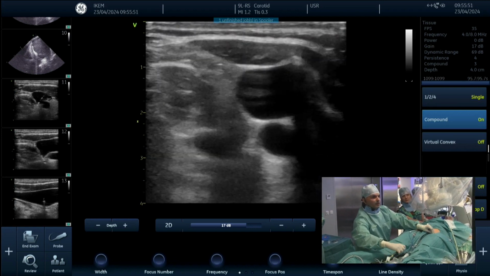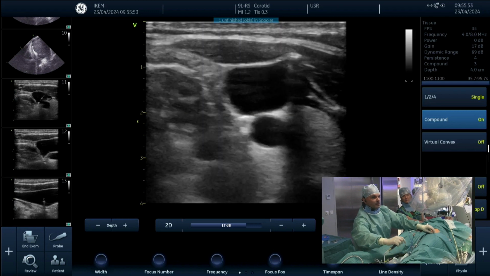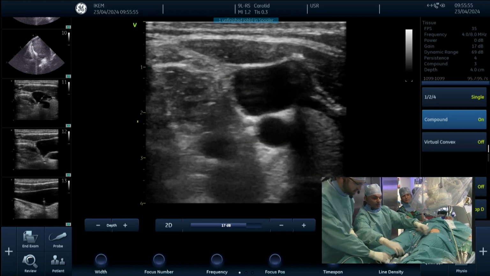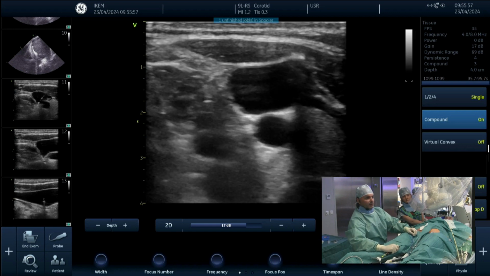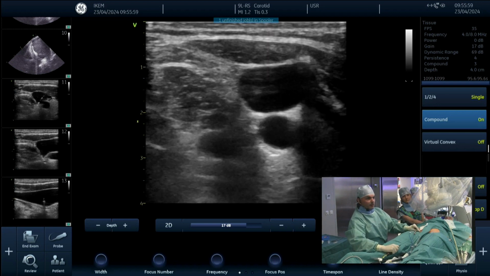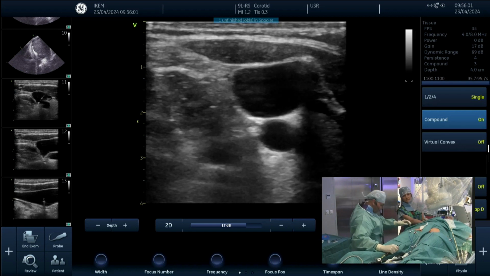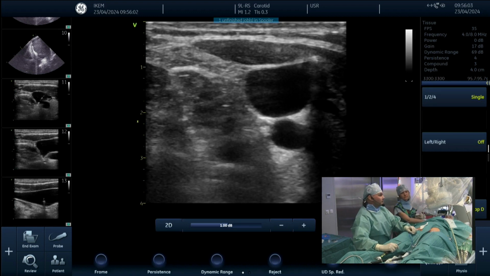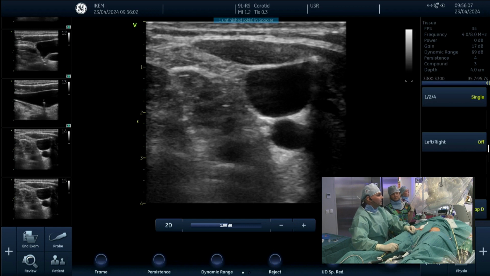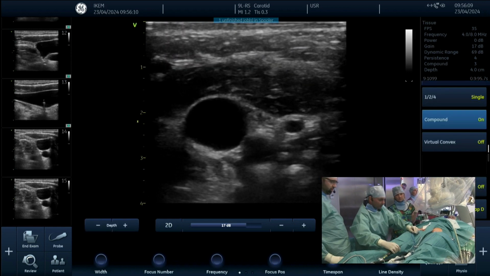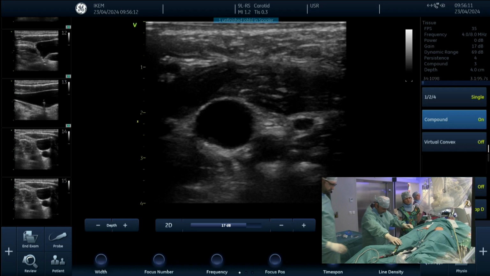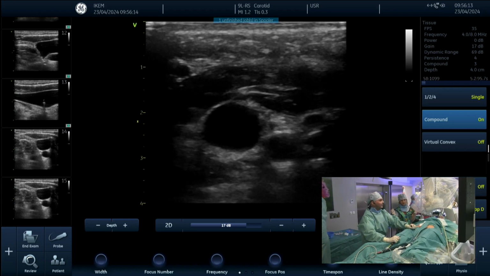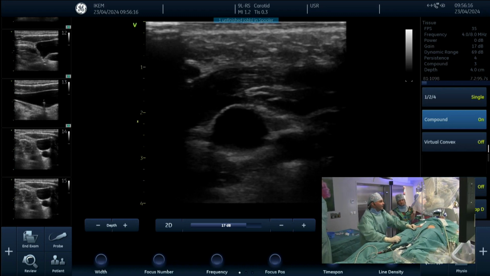This is from the right. It's actually a very low position compared to our left side. It's just above the valve.